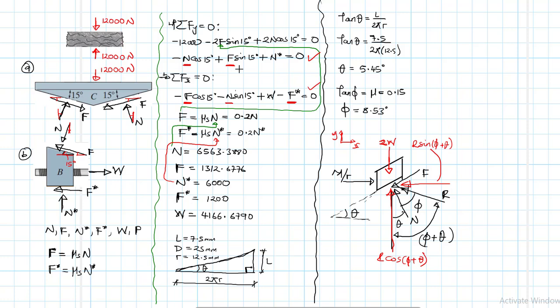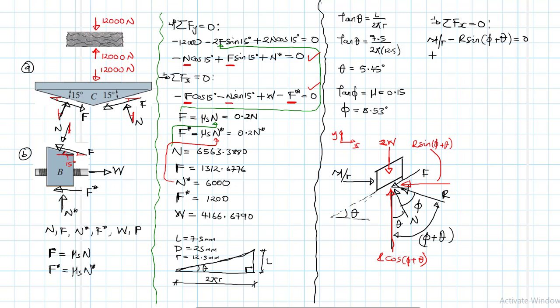All right. With this information, quickly we can start our calculations. Let's apply the equations of equilibrium. Summation of forces in the x direction: we have M divided by R minus R sine of phi plus theta equal to 0.